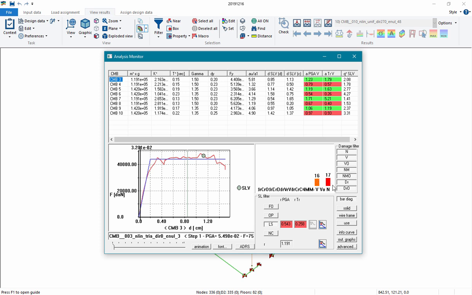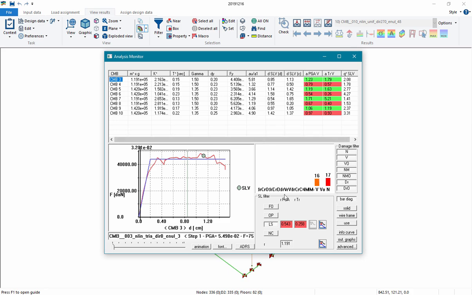We have this bar diagram that informs us about the number of elements that suffer a type of damage: compression or tension, shear in plane and out of plane, both compression and bending moment in plane and out of plane, and elements which have problems in displacement, where we have a displacement higher than their capacity.